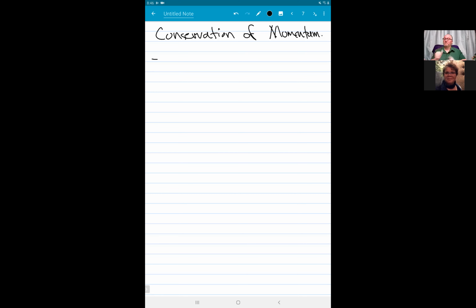So let's say here, energy is not always conserved. What does that mean? It means that the momentum is never destroyed, right? It just changes forms.